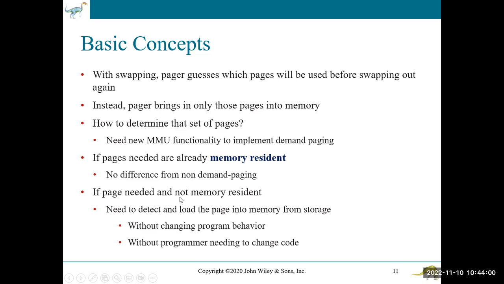If a page is needed and not memory resident, there's a detection and load process that needs to trigger. And you need to be able to queue it up without changing the program behavior. So a user could or could not engage a certain feature, right? And the programmer doesn't have to change the code in order to do that.